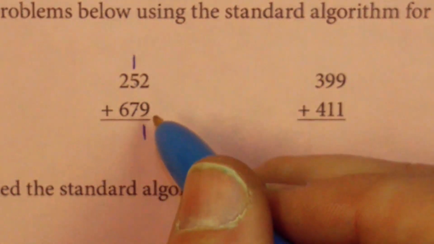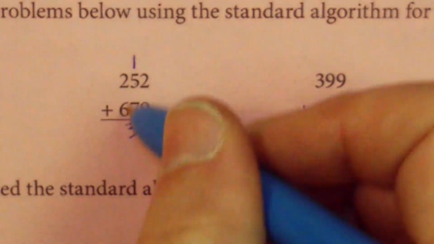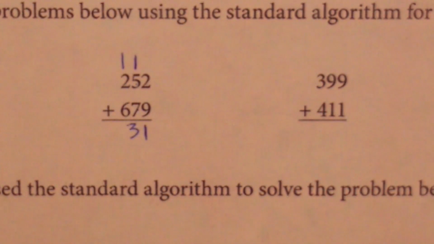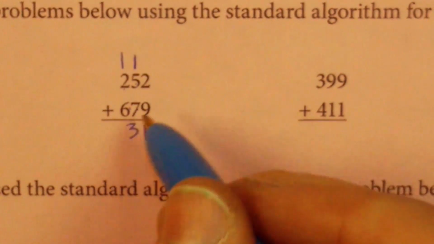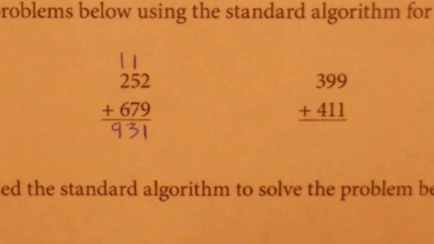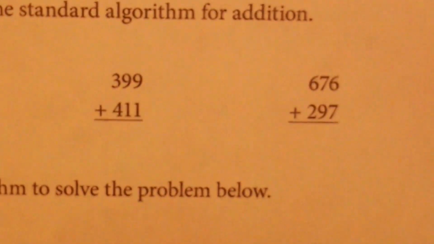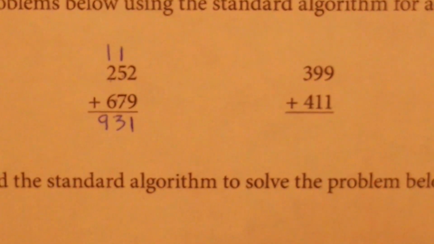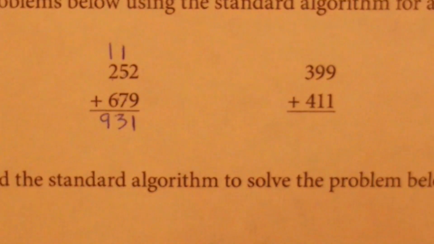I'm hoping that you said 13, carry the 1. Okay, 6 plus 2 plus 1 is 9. So 9 is not 10 or above, so I can just write the 9. Okay? I'm going to let you do these last two on your own. Make sure you pause this video anytime you need to.